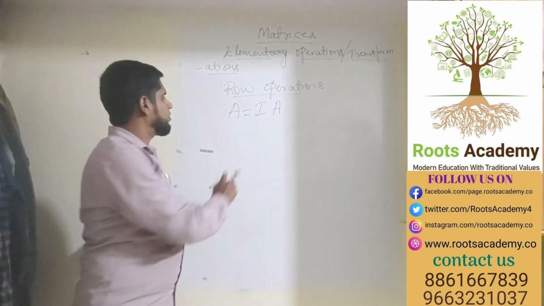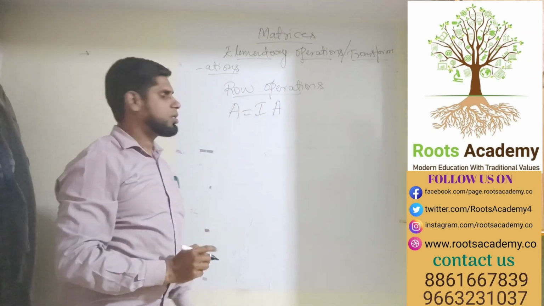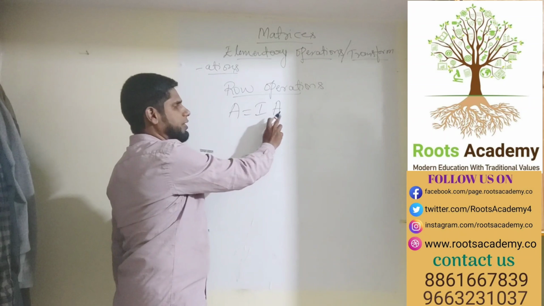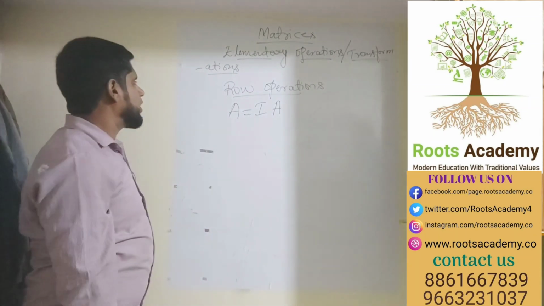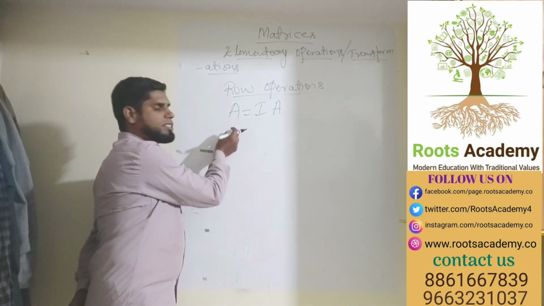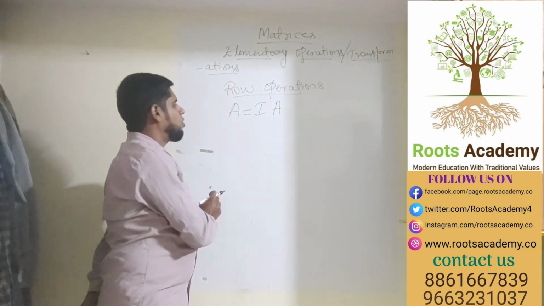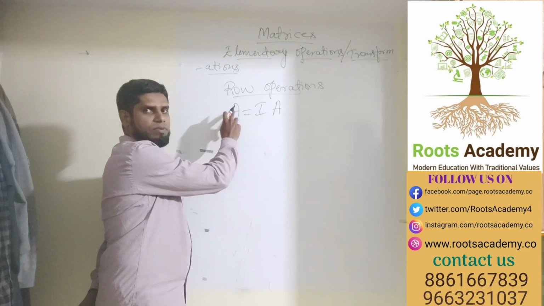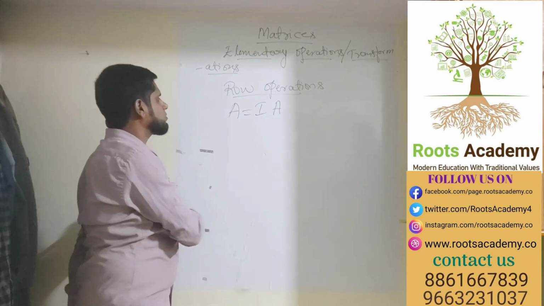The condition we use is A equals I into A. With the help of row operations, we keep changing the elements of the A matrix.